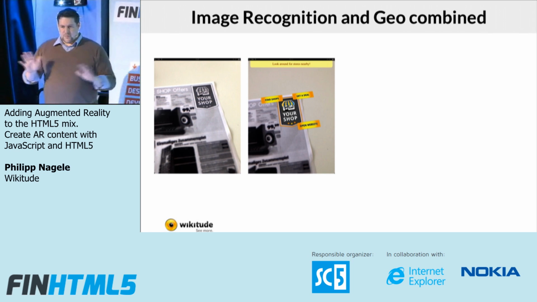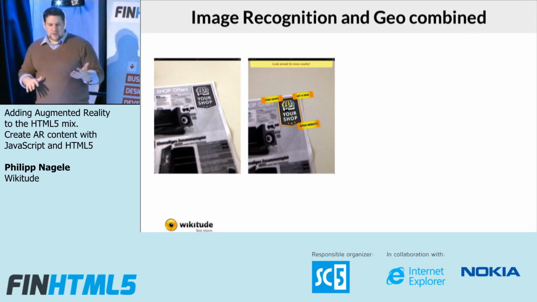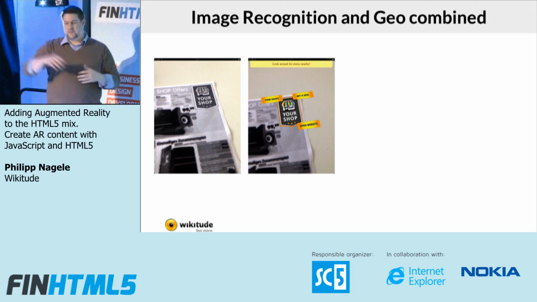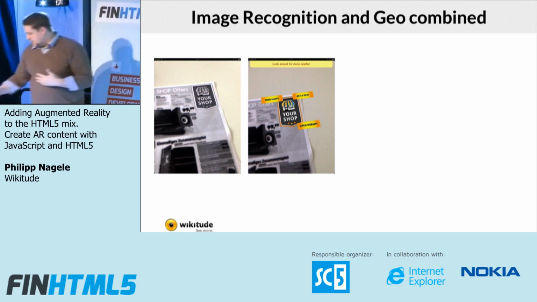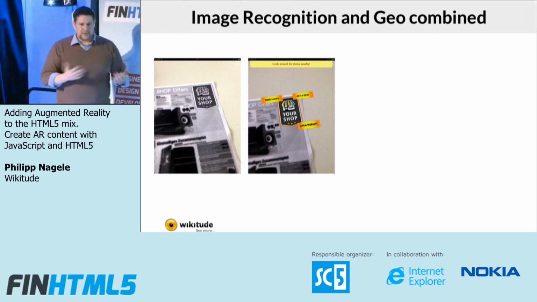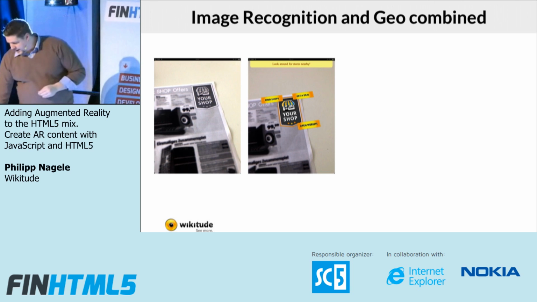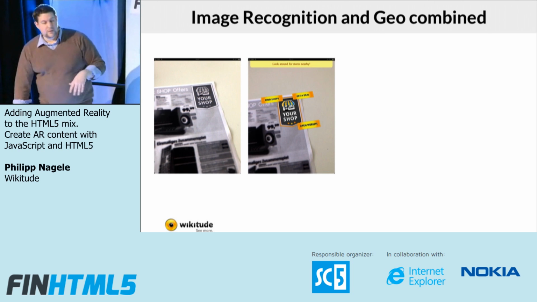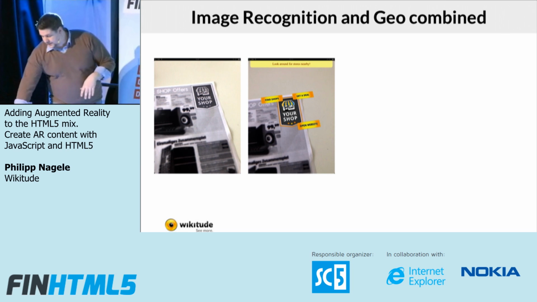Both technologies have pros and cons. If you're in an outdoor environment, sensor-based AR is definitely better, just for looking at the far field and identifying what's around you. In the very near field, for example, detecting what's on the table, image recognition is the only way. So combining that seamlessly is not that usual at the moment.